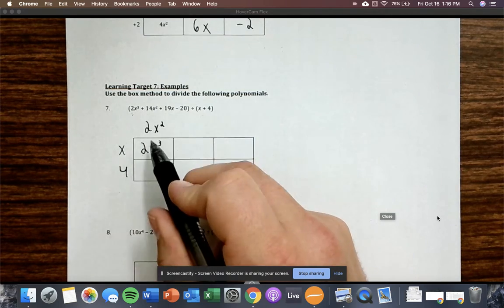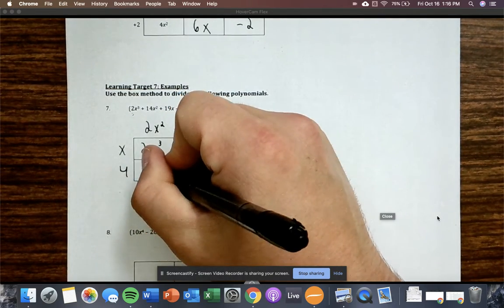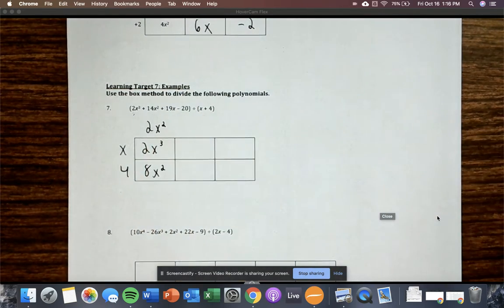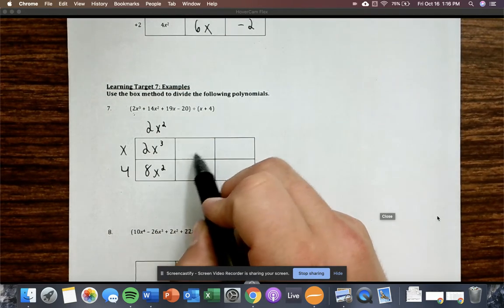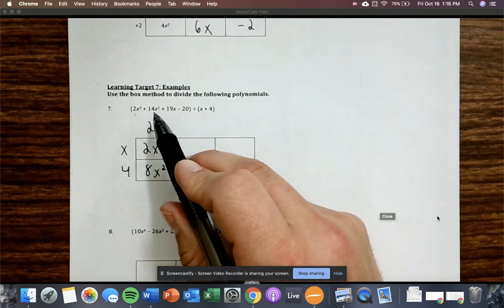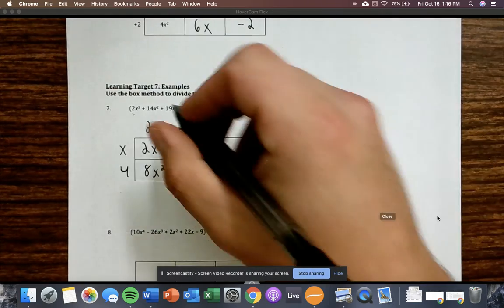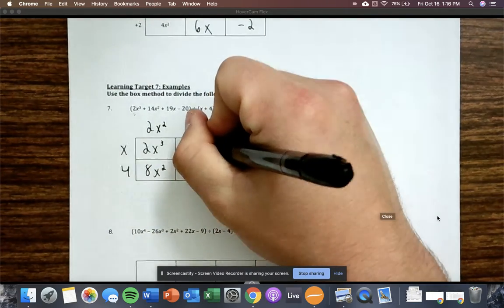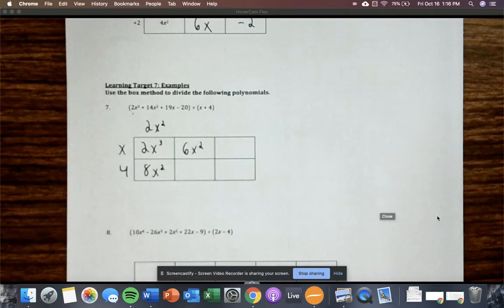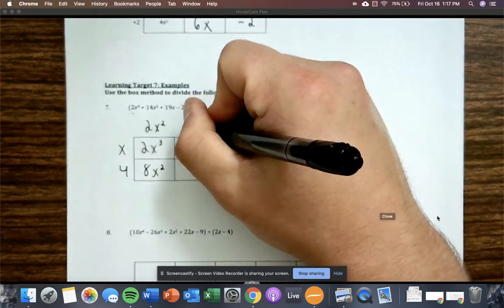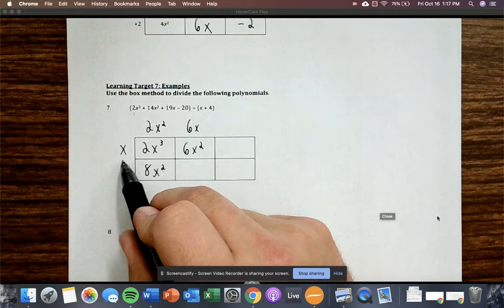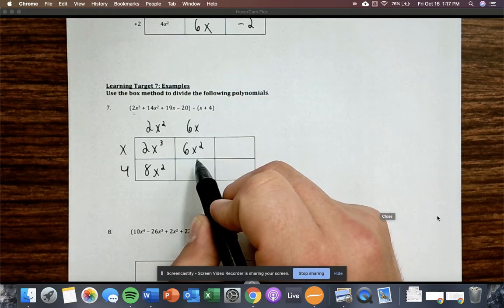Then I can multiply 4 times 2x squared is 8x squared. Then combining like terms, I know 8x squared plus something here has to equal 14x squared. Well, I know if I add 6x squared, I'll get 14x squared. So then I can think, okay, well, I know 6x times x, well, that'll give me 6x squared.